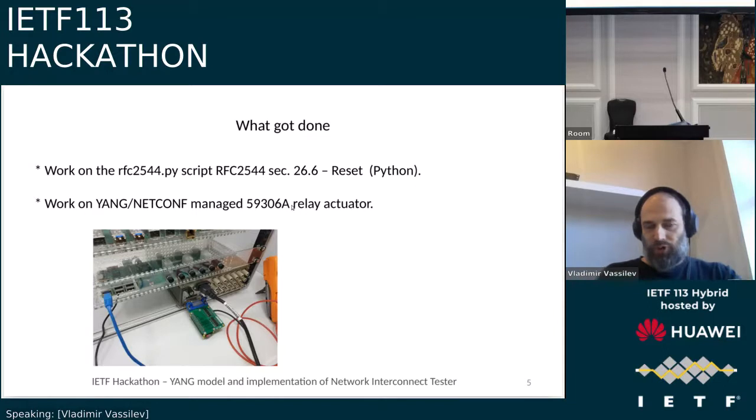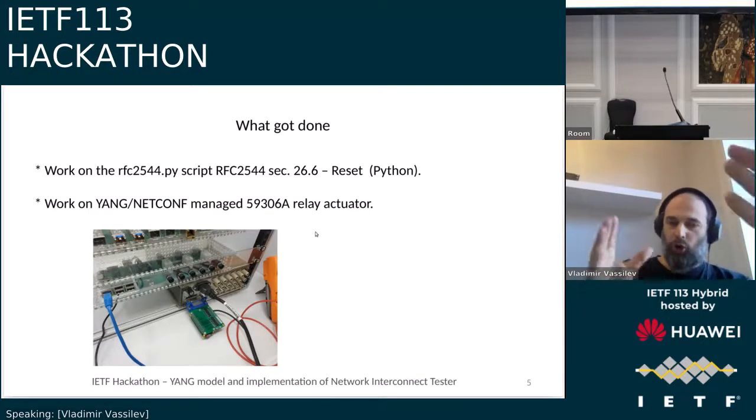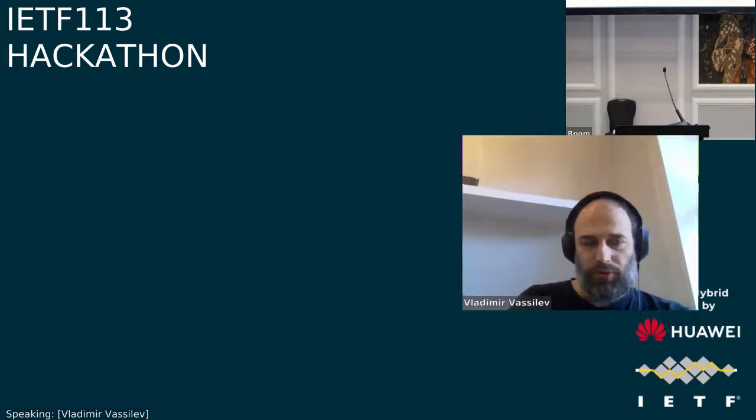We wanted to use only YANG and NETCONF to manage all the aspects of the automation of the test. So this is the end result. We added the necessary code to the Python script, and we also added that as an additional device to be orchestrated with YANG and NETCONF. Yeah, so.